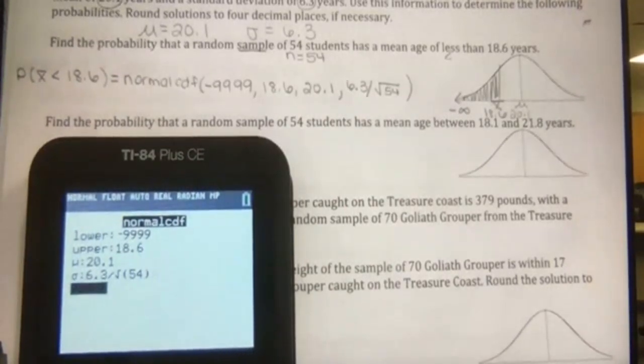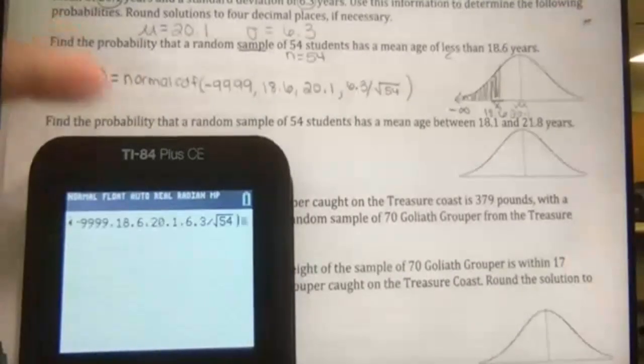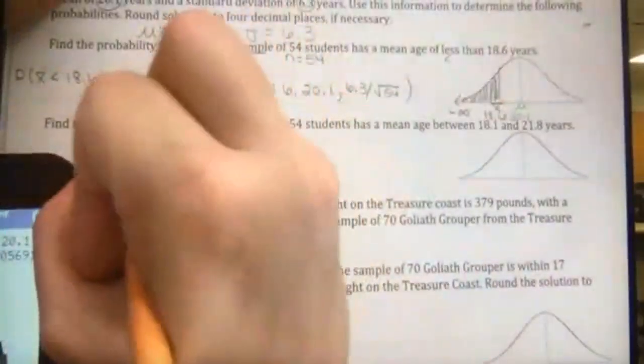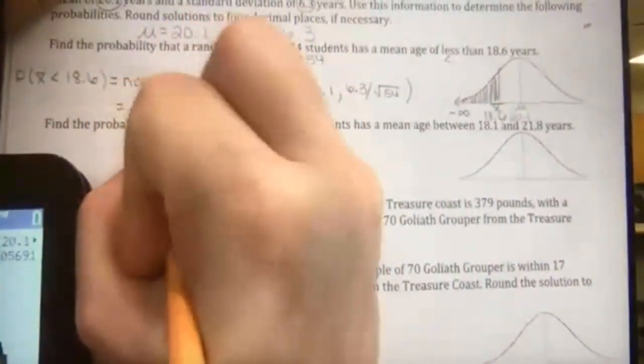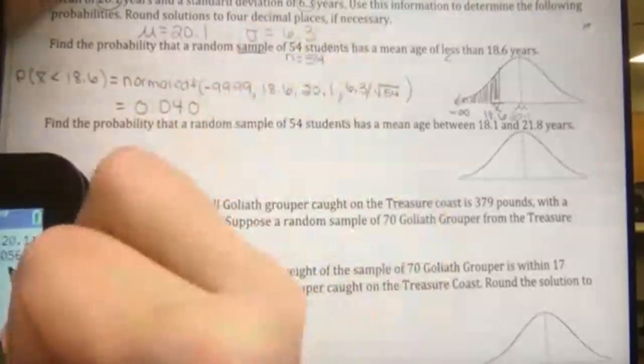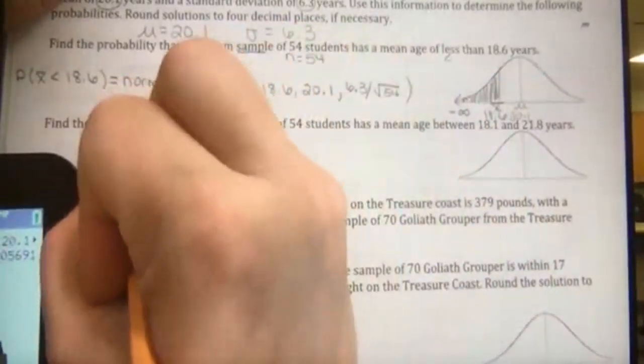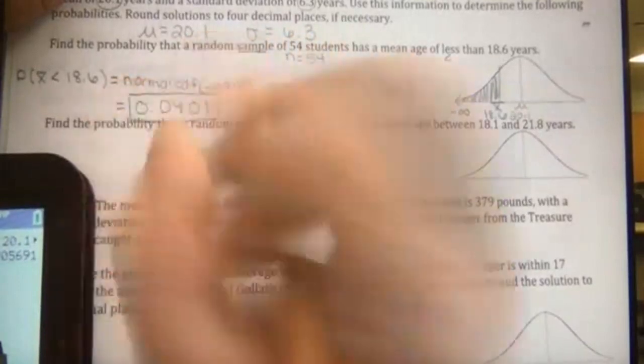Pressing paste, older calculator, newer calculator, it should all look the same, which is what we have written. Pressing enter, there's our answer. We get 0.04009, which is going to round up to 0.0401. That's it.